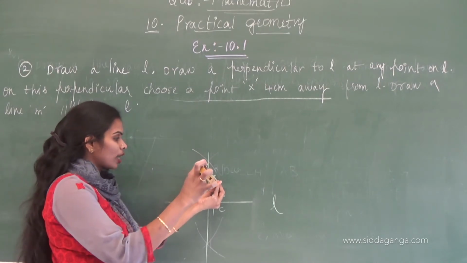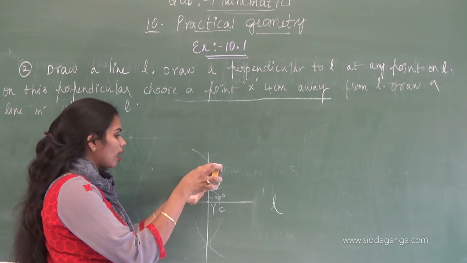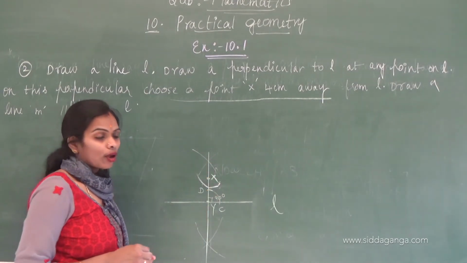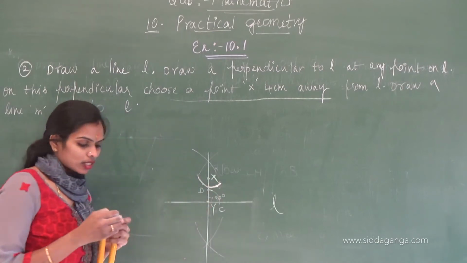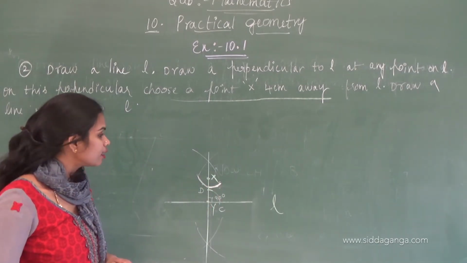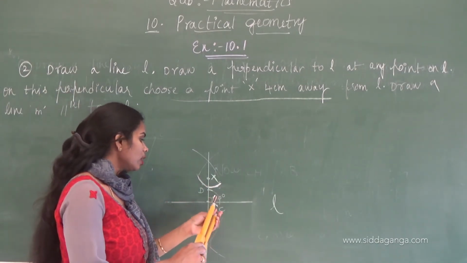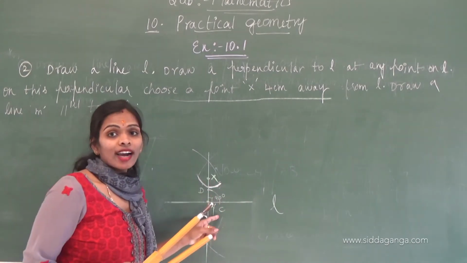See here, we have to draw the arc. It is not seeming color, that's why I wrote like that. After that, we have to measure DYC.